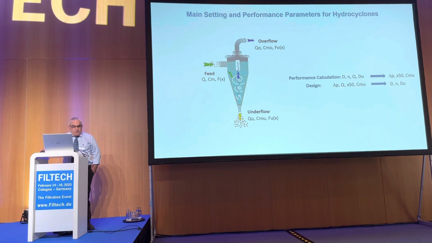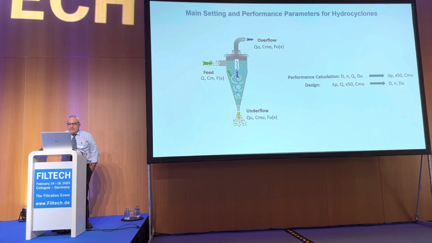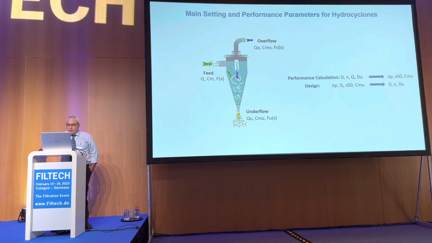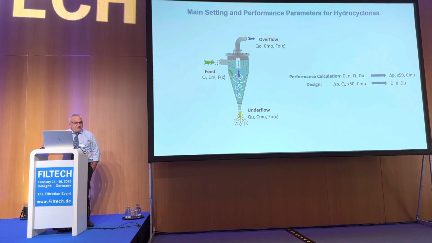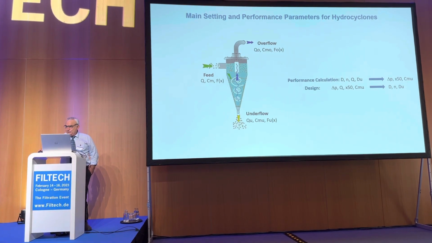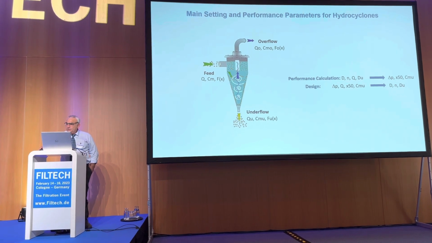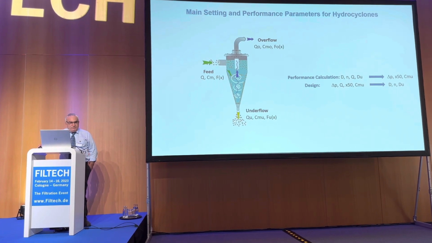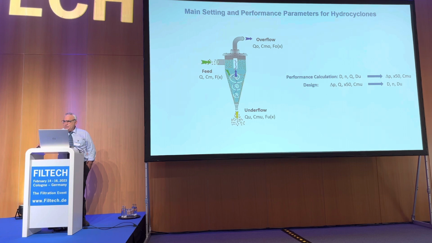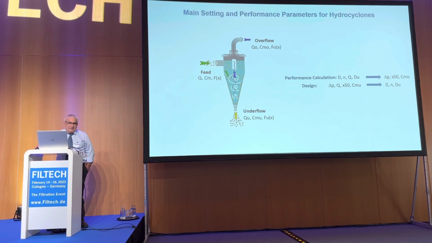We have the overflow, that means due to the centrifugal force here, we have an overflow, volume flow rate here, solid mass fraction in the overflow, and here is the particle size distribution for the overflow. Similar. Volume flow rate in the underflow here, solid mass fraction, and here particle size distribution of the underflow.